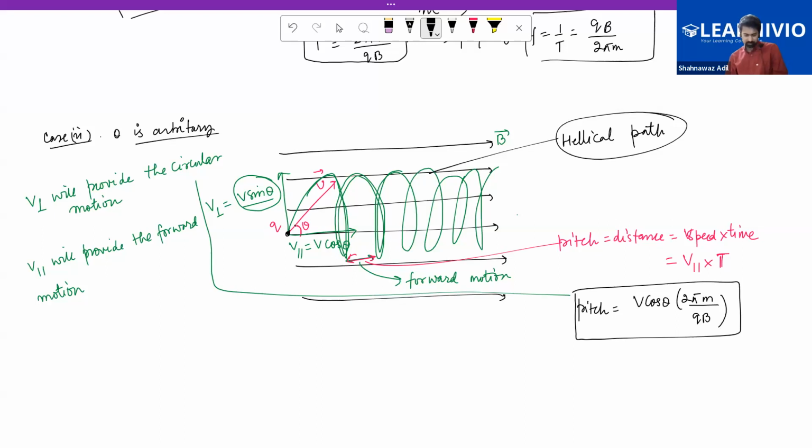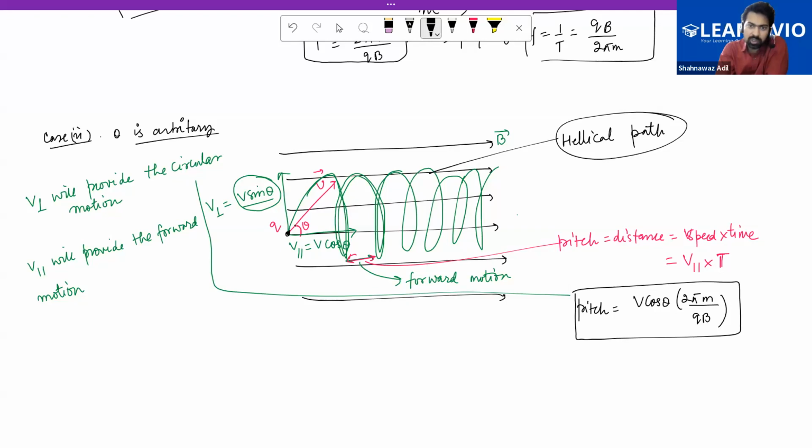Whenever you guys have noted down this part, let me know. Okay, noted everyone.